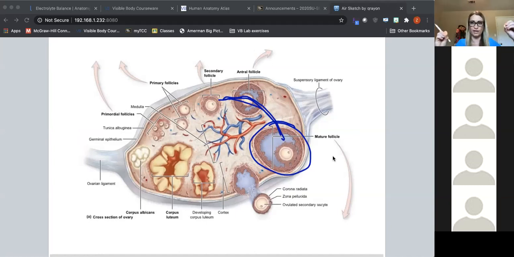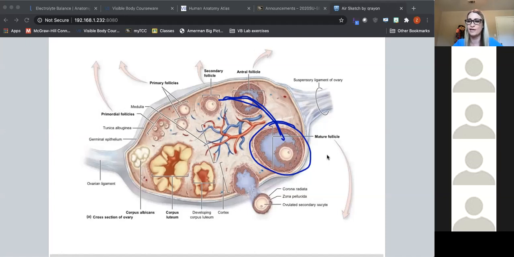We got 2 cells after meiosis 1, and one of those cells kept most of the cytoplasm and got half of the genetic material. The other cell is very small. It doesn't have a lot of cytoplasm at all. It has the other half of the genetic material that will not be used in reproduction. That other cell is known as the polar body, and the polar body will die, and it does not get fertilized or anything like that.